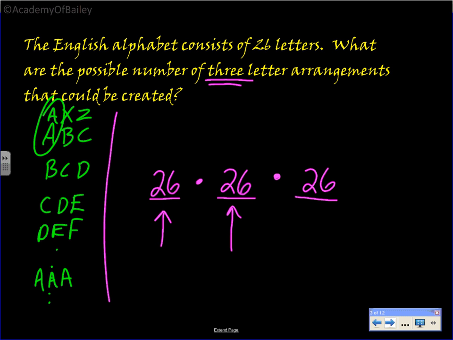And so what you're supposed to do now is multiply those 3 numbers together to get the total possible 3-letter arrangements. So you go ahead and do that, and then check it with mine.